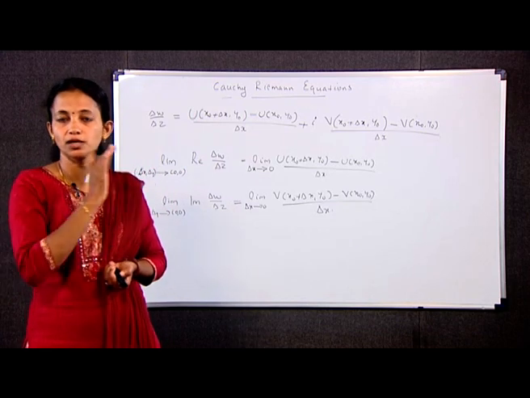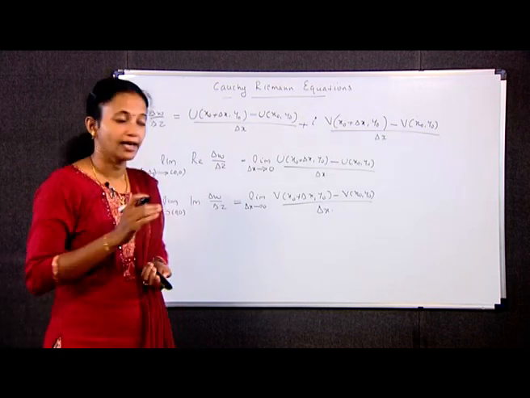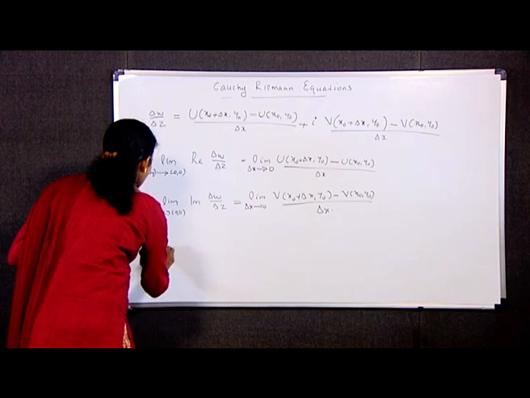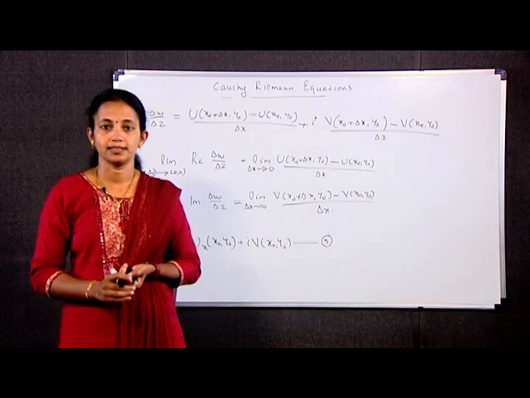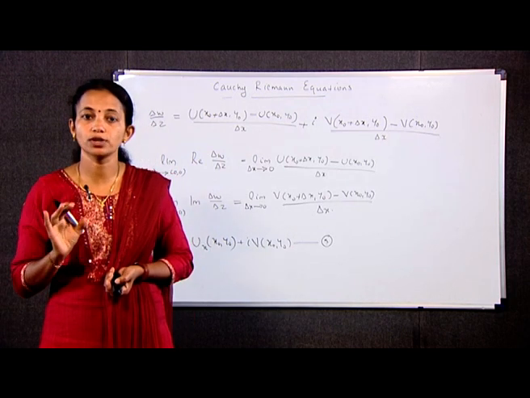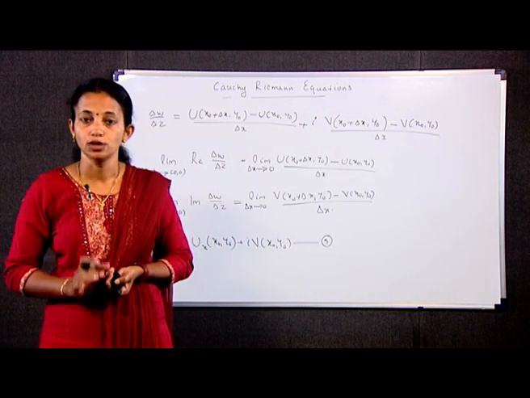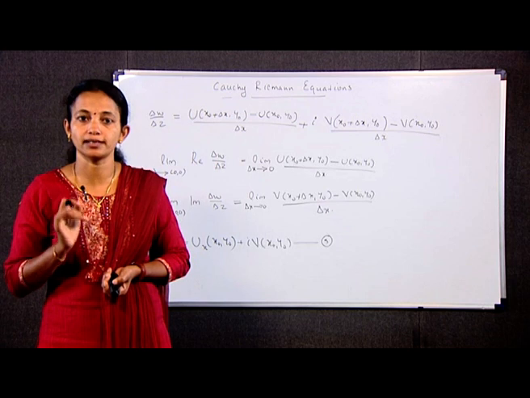Substituting these values in equation number 4, we find that f dash z naught is equal to u_x(x naught, y naught) plus i v_x(x naught, y naught), equation number 5. Now, we let delta z tend to the origin 0, 0 vertically through the points 0, delta y.